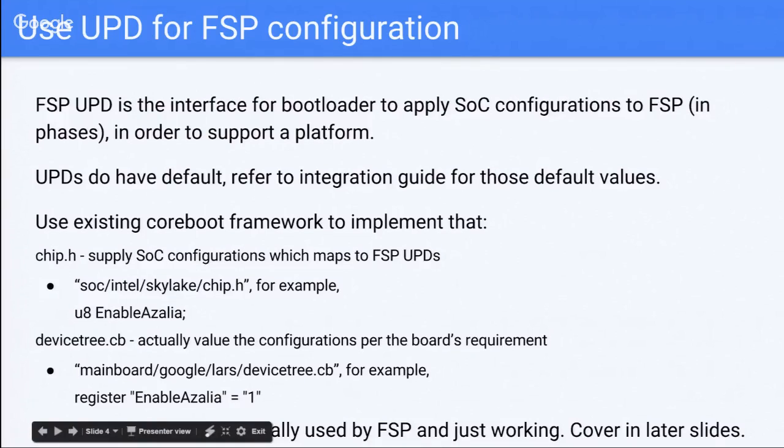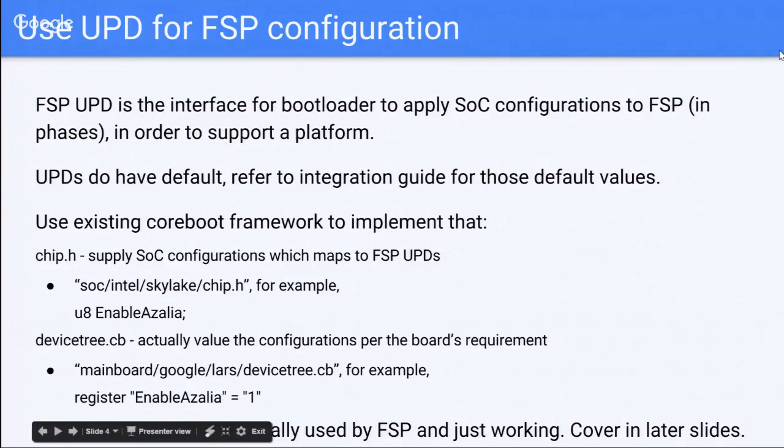And where do you configure those items? devicetree.cb, of course. That's where the configurations are actually valued per board requirement. One example is the Google Glados devicetree.cb, and that's where you register, for example, you register enable Azalia equal 1. So that's where you set the value that you want for your platform.